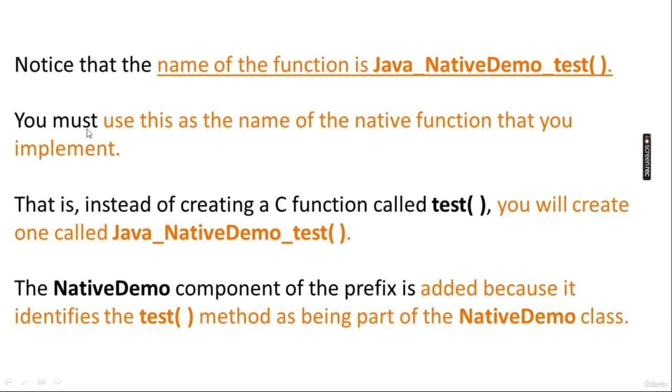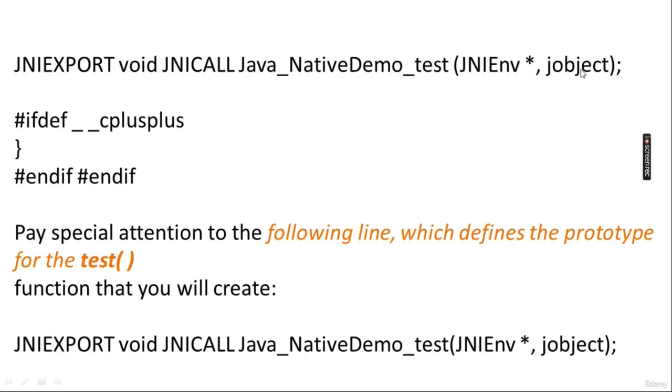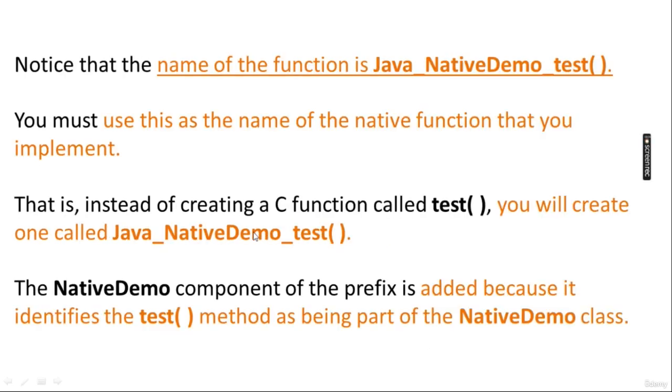You must use this as the name of the native function that you implement. So the name of the function is Java_NativeDemo_test. It is automatically generated, and this is the name you will use. You must use this as the name of the native function that you will implement.